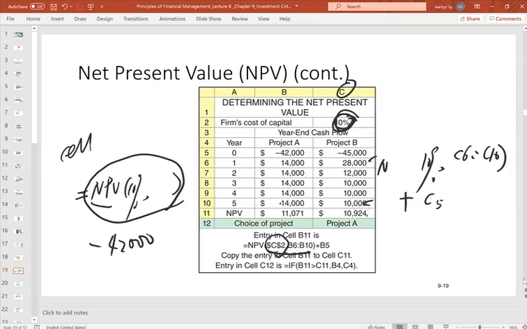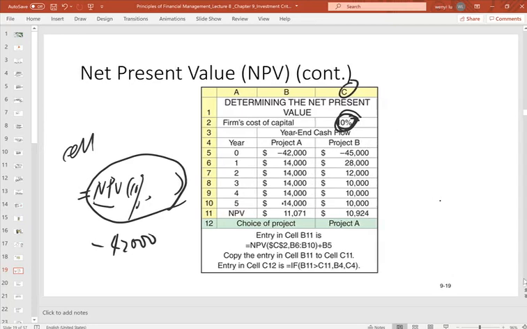If you compare these two numbers, which number is bigger? A is bigger. So we use a conditional function. IF means, if B11 is more than C11, if this one is more than this one, then our condition is true.